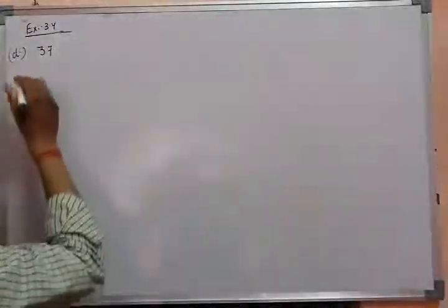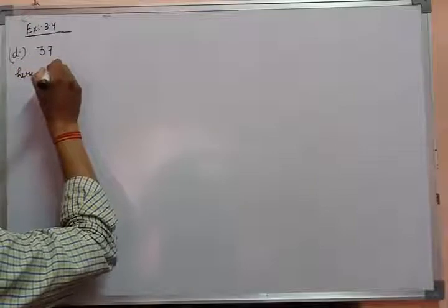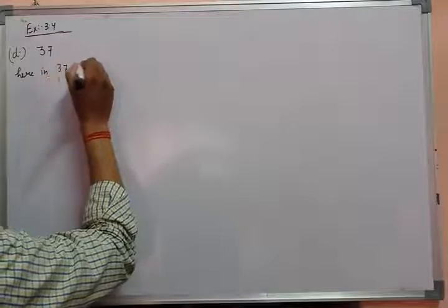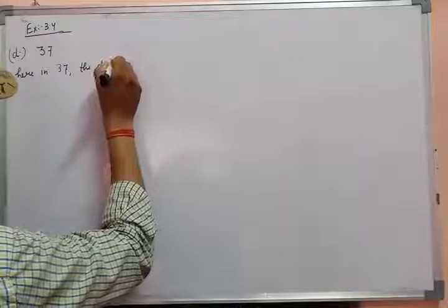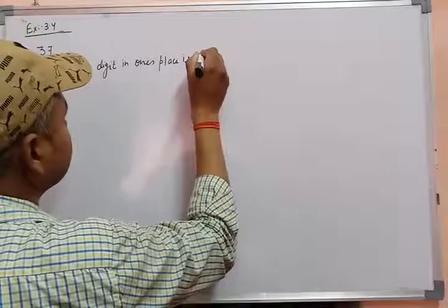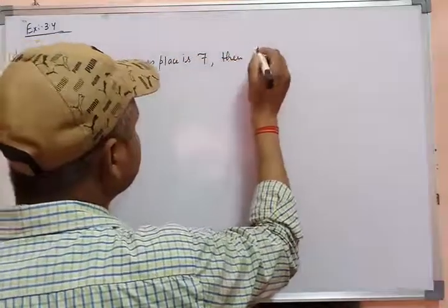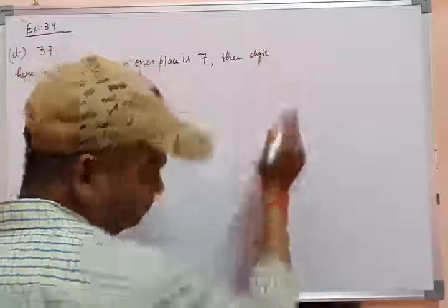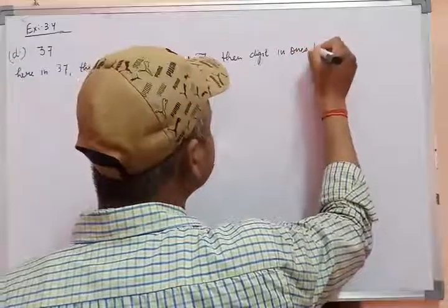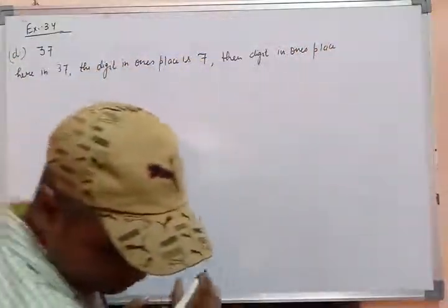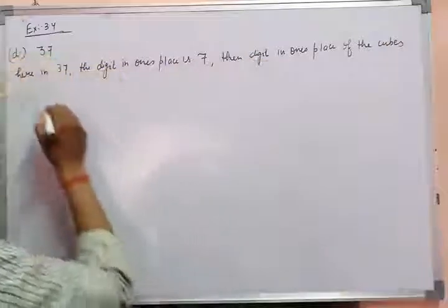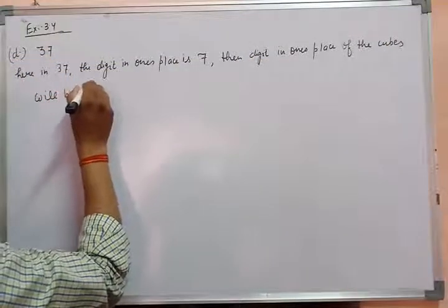So we can write here: in 37, the digit in ones place is 7, then the digit in ones place of the cube will also be 7.